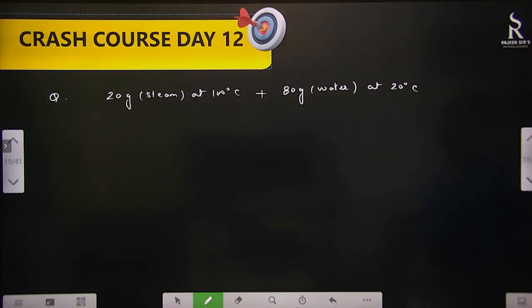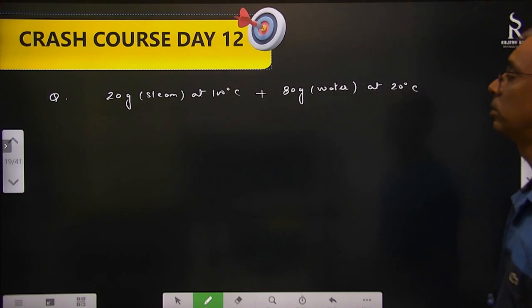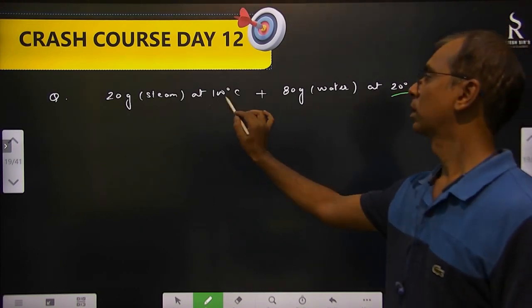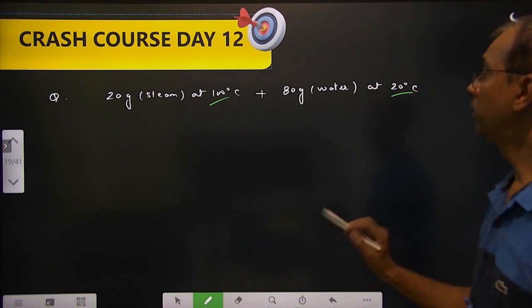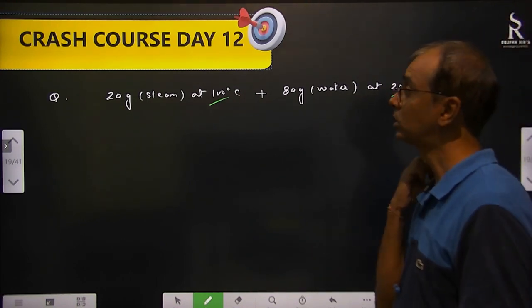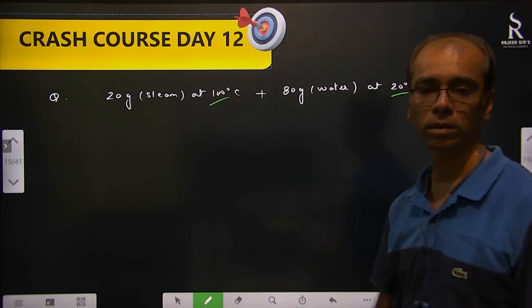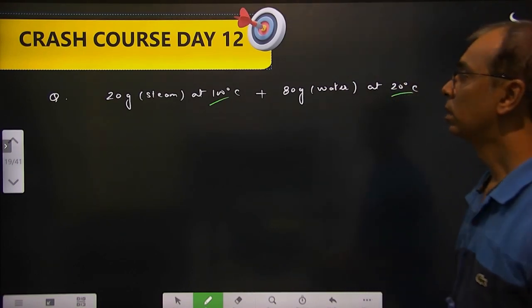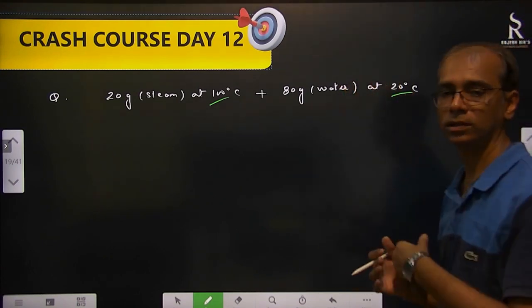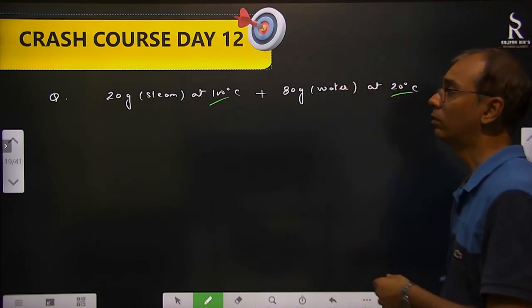One more mixture problem: 20 gram of steam at 100, 80 gram of water at 20. Now in this one, who has more temperature? Steam. So steam is going to heat the water. How much can you heat the water? Up to 100 degrees centigrade. Who is going to give heat?